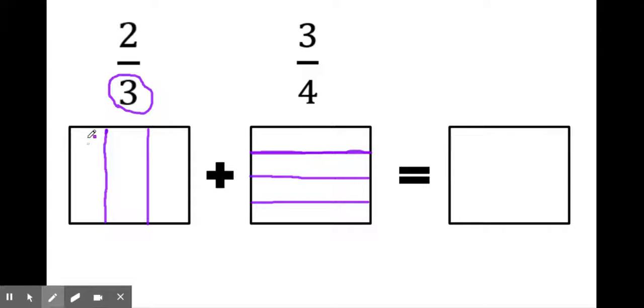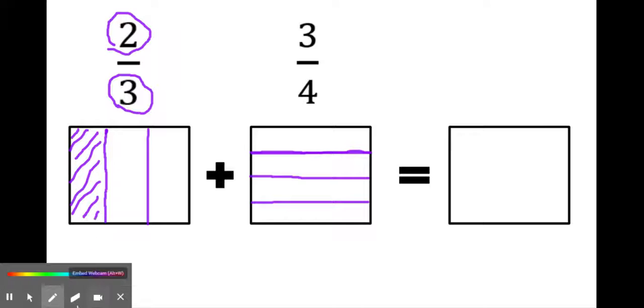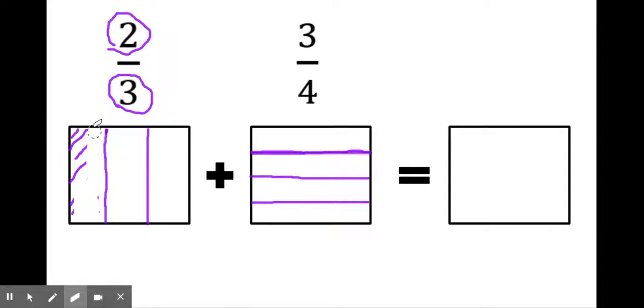And next we're going to shade in our amount for our numerators. I'm going to do this by creating diagonal lines. And I'm going to choose a different color. It's really helpful if you have two different colored pencils or a pencil and a color pencil.